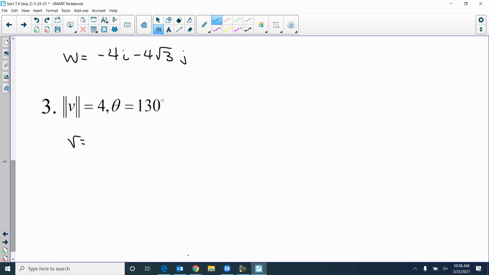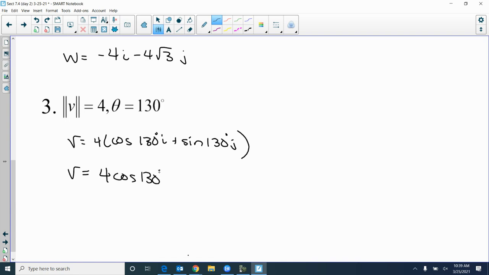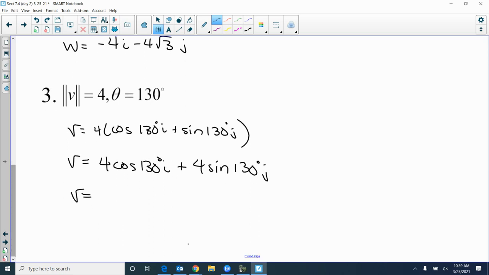So V equals 4 cosine of 130 degrees I plus sine of 130 degrees J. I'm going to take an extra step: 4 cosine 130 I plus 4 times sine of 130 degrees J. Nearest hundredth.